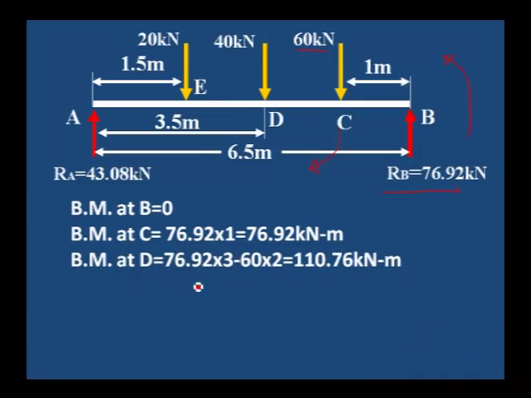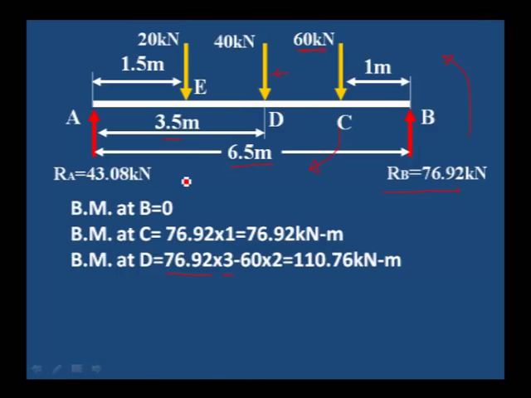See, 76.92 into distance from B to D. 6.5 is the total distance, minus 3.5, that is 3 meter. 3 meter is the distance from B to D. 76.92 into 3, this is positive because anti-clockwise, and then minus 60, the load, 60 kilonewton into distance from C to D. What is the C to D distance?